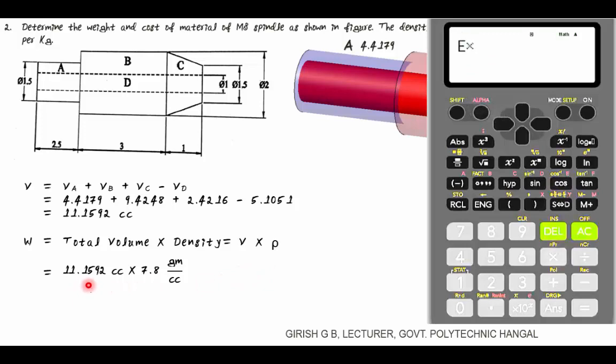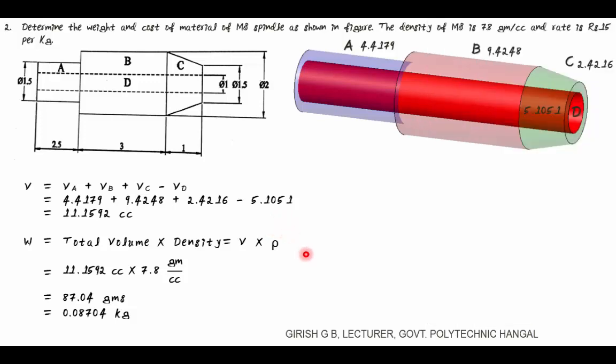Alpha E, we have stored this value as E, into 7.8, 87.041 grams. Divided by 1000, we are going to get it converted into kgs. Let's store this value to F. Divided by 1000, we obtain it in kgs: 0.08704 kgs. We have stored this value under F.